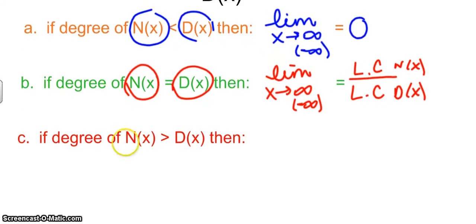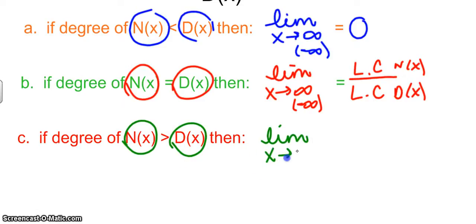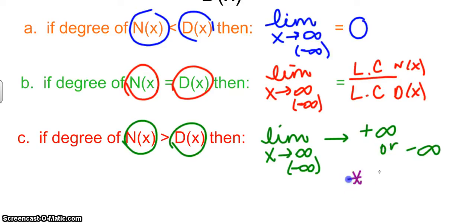If the degree of the numerator is greater than that of the denominator, so this is top heavy, then the limit as x goes to infinity, or again, negative infinity, you have to be careful, is going to either be positive infinity or negative infinity. And you need to consider the slant.